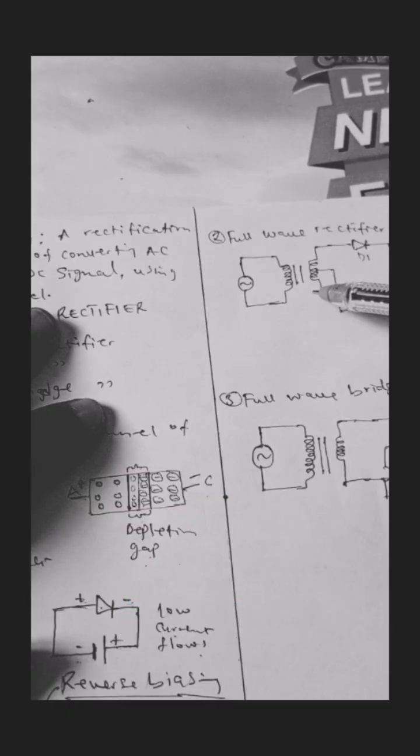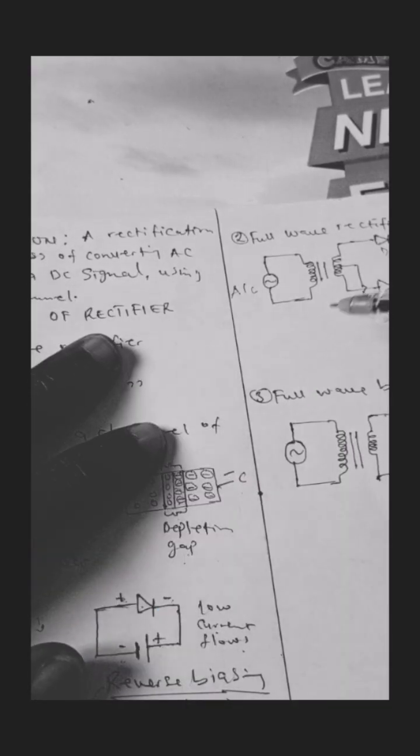So in this case here, we are going to have two diodes. Here we call this D1 and here is our D2, and we're going to have a center tap transformer. So here we have our AC signal. When it moves one way around, the current flows through here this way.